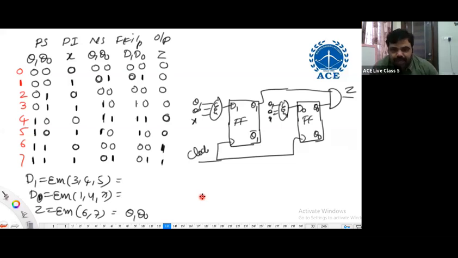If you are observing correctly, they have been framing very good theory questions in ESC objective questions: Mealy and Moore differences. What is Mealy? Output depends on state as well as inputs.